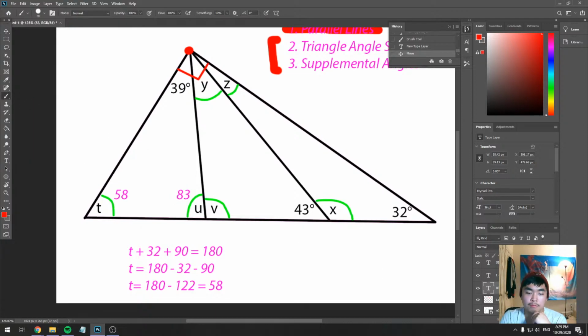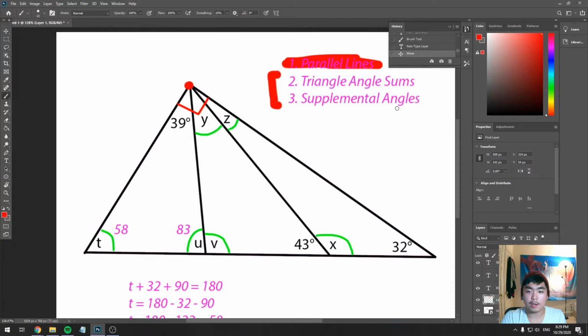What's our next one? Our next one should be V. And V is actually a little bit simpler. Taking a look back at our strategies, if we want to solve for V, I could solve it using the triangle here, but I don't know what Y is, so what am I going to do? Well, I could actually use supplemental angles in this case. Notice that U and V form a straight line.